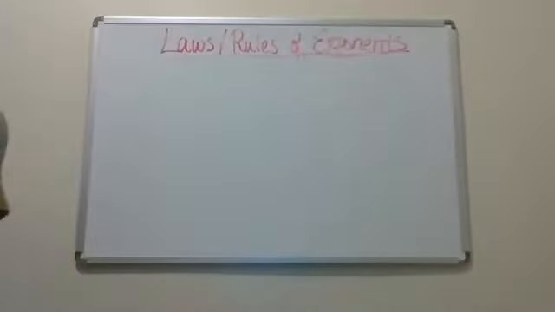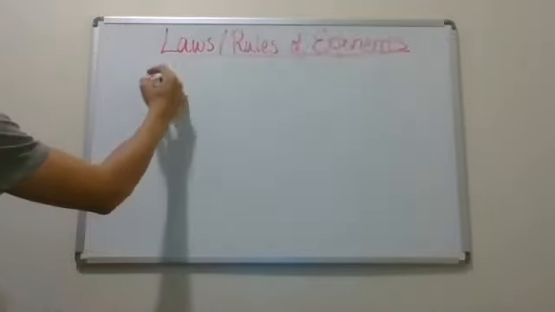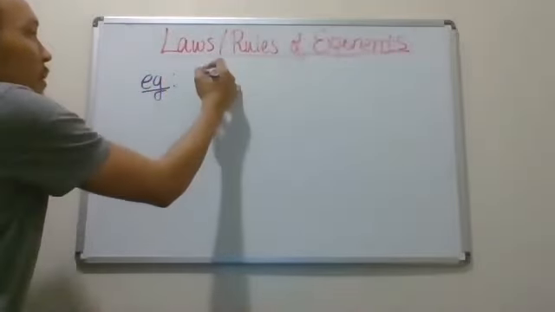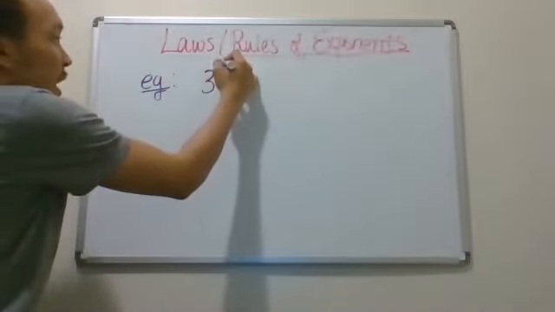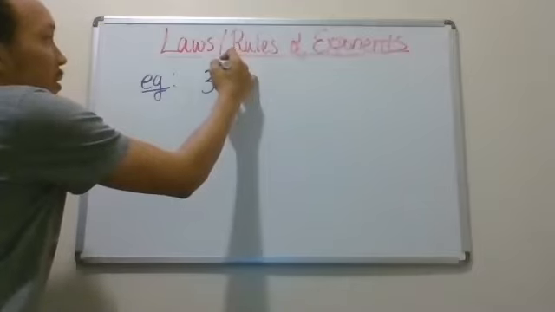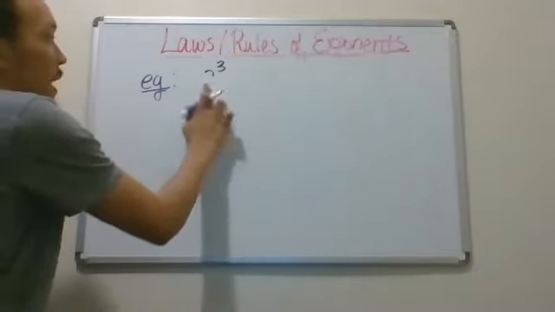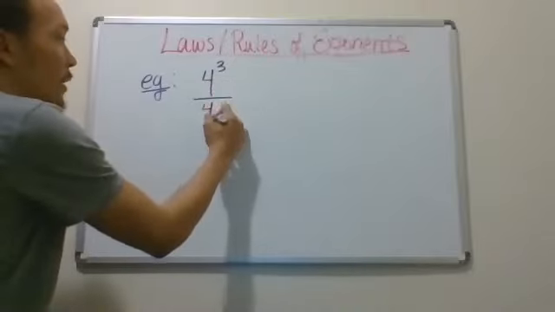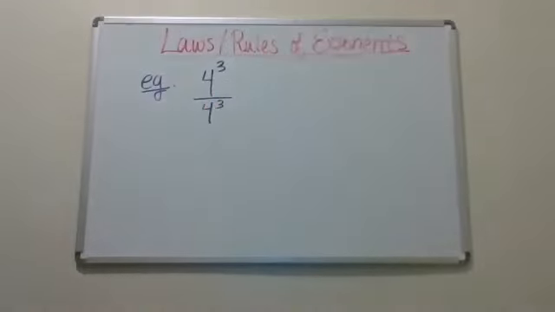All right. So another example of the quotient rule. Let's say we have, and I'm going to change the base, 4 to the third power divided by 4 to the third power.